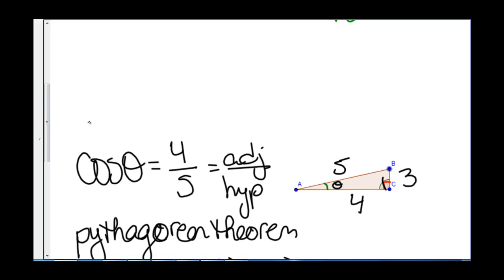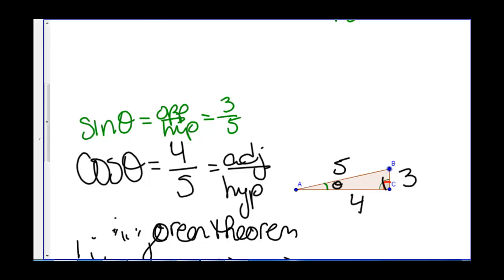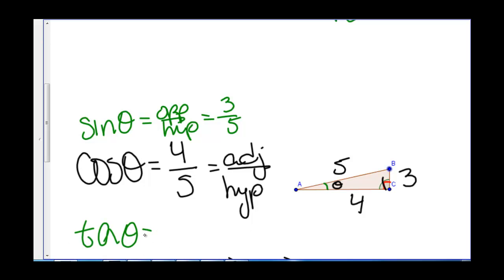So we have sine of theta is opposite over hypotenuse. So that is 3 over 5. We have tangent of theta is opposite over adjacent. So that is 3 over 4.